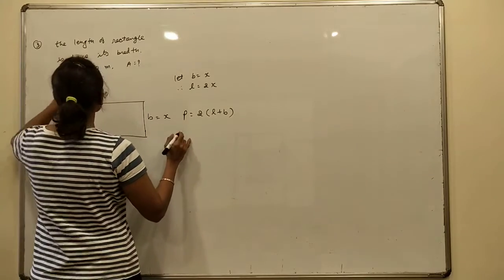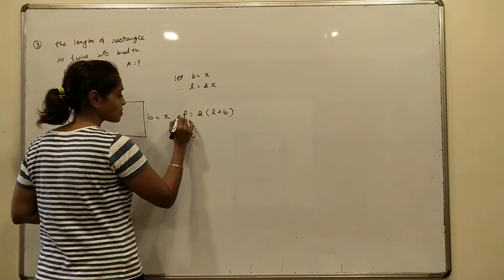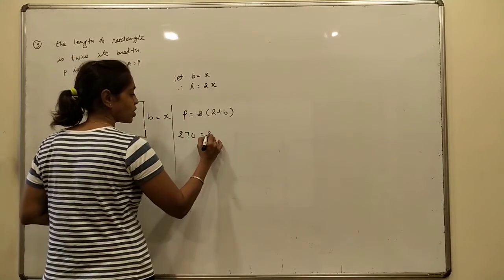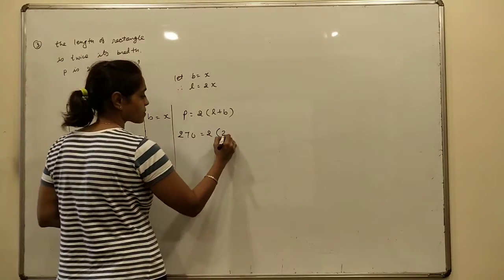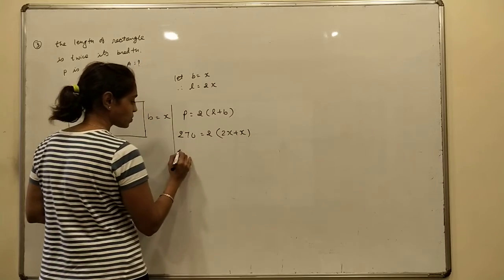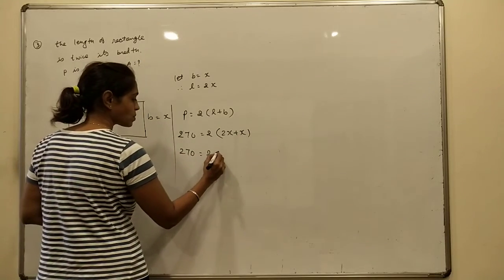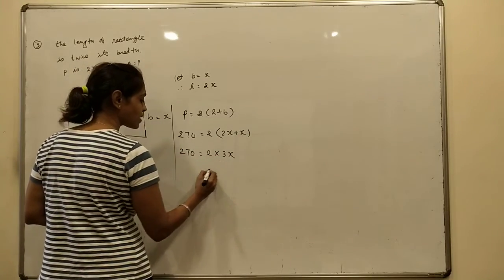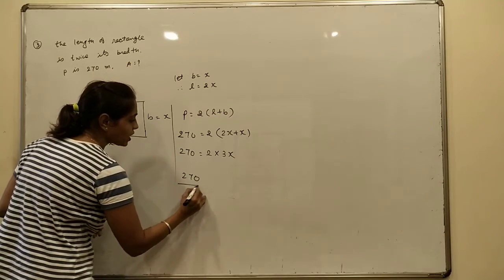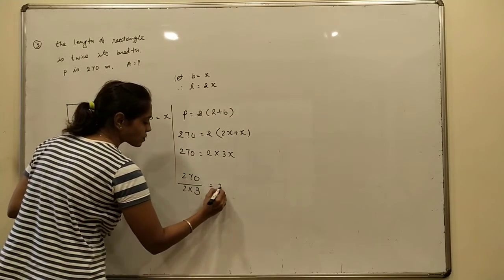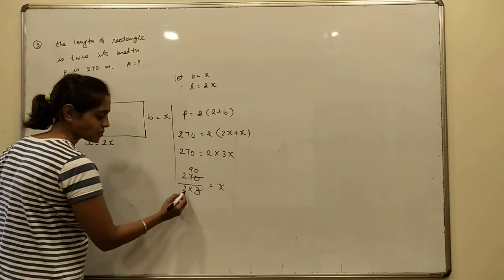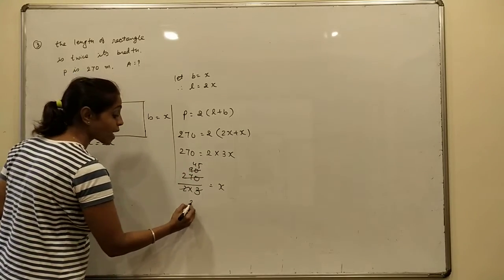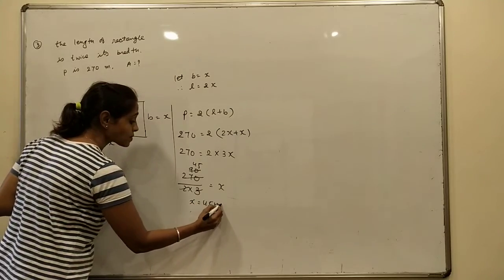So perimeter is 270, is 2 times length 2x and breadth x. 2x plus x is 3x. So 270 equals 2 into 3x. 3 9s are 27, so x is 45 meter.